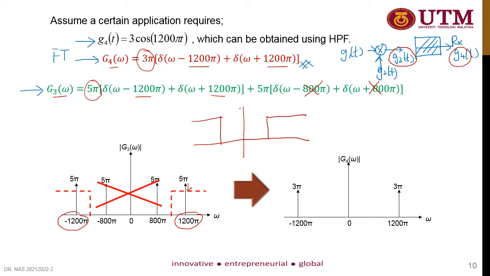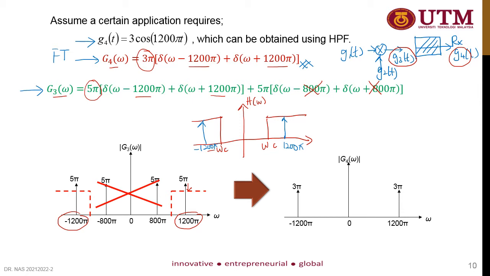The filter is usually given the notation H omega. And this is negative omega c, and here is omega c. So the frequency required is only at negative 1200 pi and positive 1200 pi.